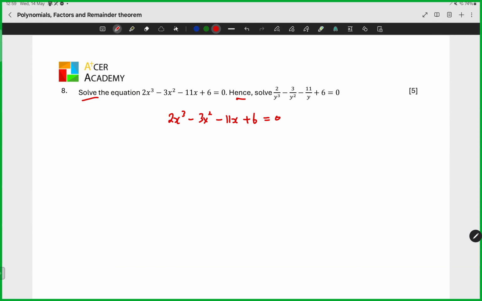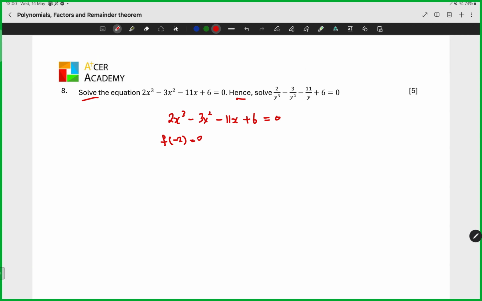So we will have 2, negative 3, negative 11, positive 6. Okay, so we'll have x, negative 2 equals to 0.